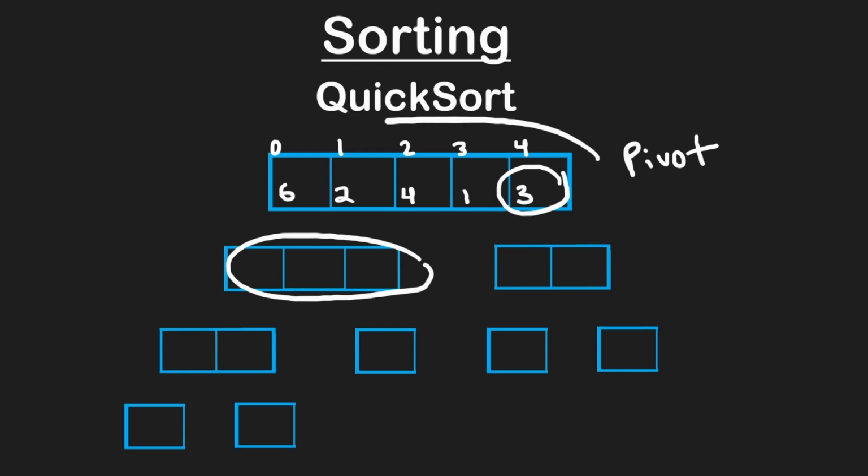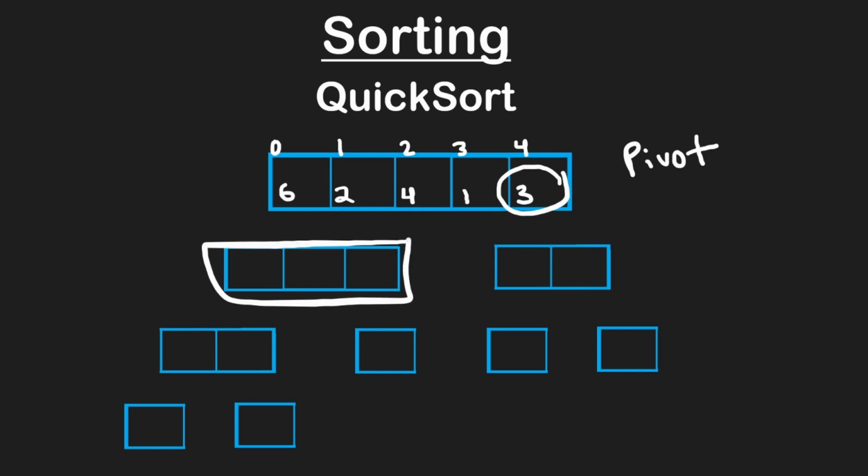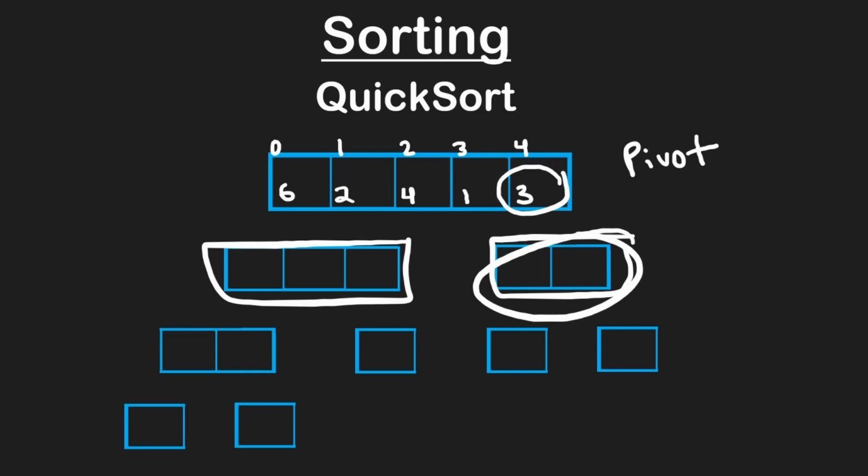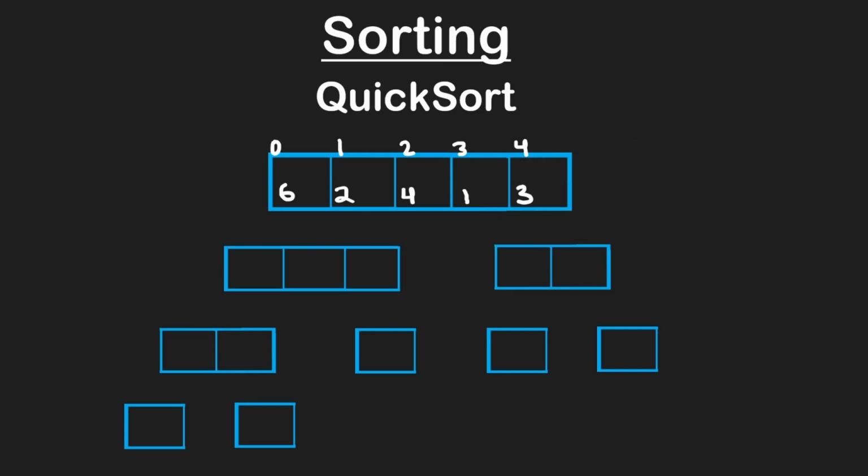So we're going to take the input and partition it into two pieces, a left and right piece, where every value that's less than or equal to the pivot is going to go in the left half, and every value that's greater than the pivot is going to go in the right side.